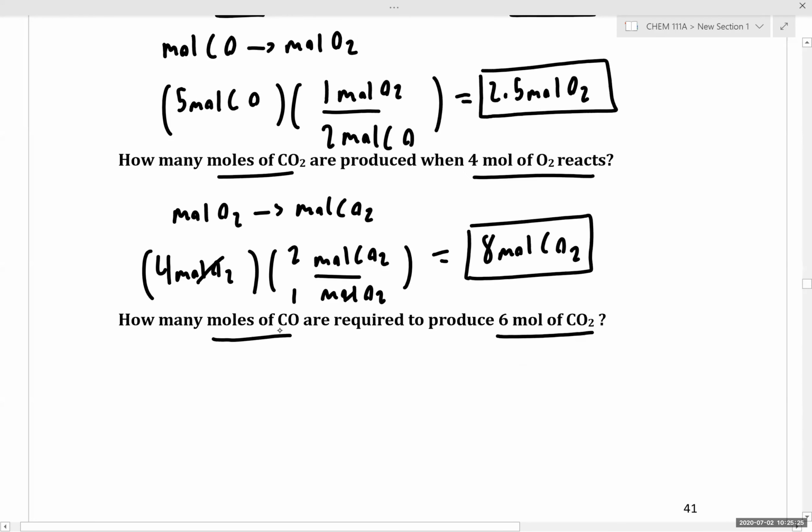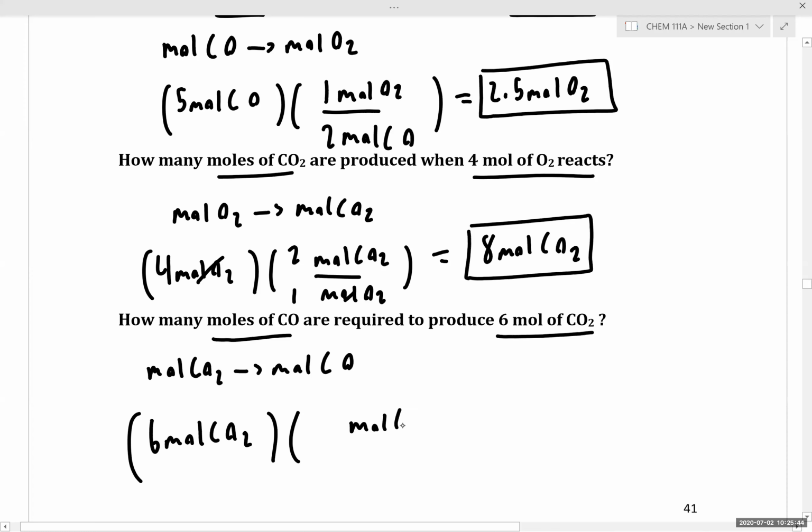We're asked how many moles of carbon monoxide are required to produce 6 moles of carbon dioxide. So we're going from moles of carbon dioxide to moles of carbon monoxide. So starting off with 6 moles of carbon dioxide, how many moles of carbon monoxide do we need to produce that many moles of carbon dioxide?